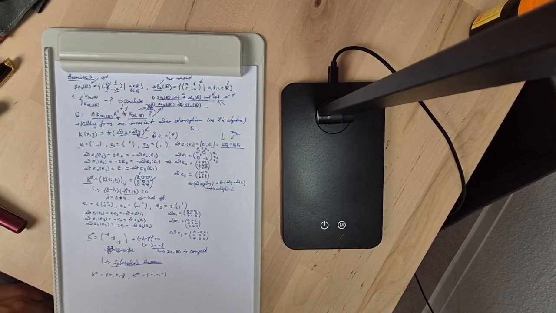So we cannot make them congruent by this theorem. And so K_SL cannot be congruent to K_SU.